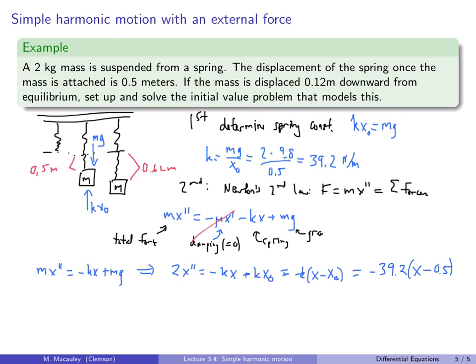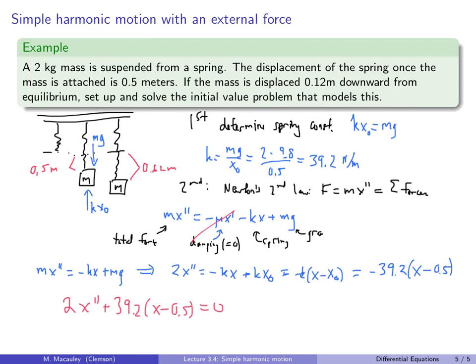So to summarize, we have a differential equation, 2x double prime plus 39.2 times x minus 0.5 equals 0. That's our equation. And I should also say, I said initial value problem, so I should tell you what the initial values are.